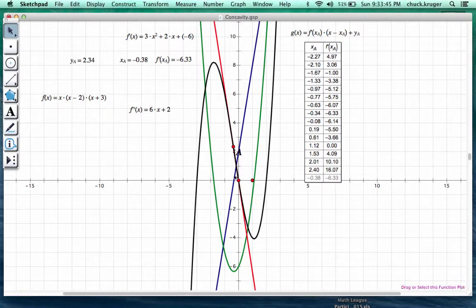So where the second derivative is positive, my original function, remember that black function, right here is concave up, and where it's negative, it's concave down. Where it is positive, my first derivative is increasing. Where it's negative, my first derivative is decreasing.